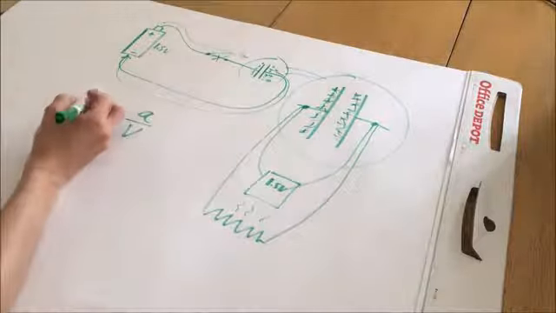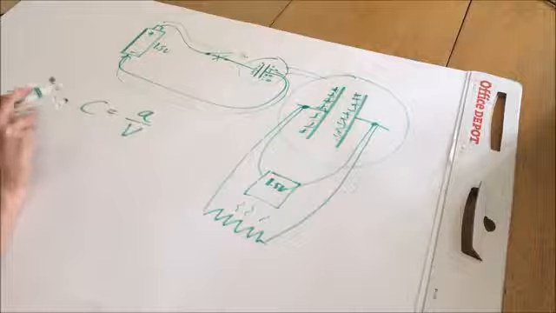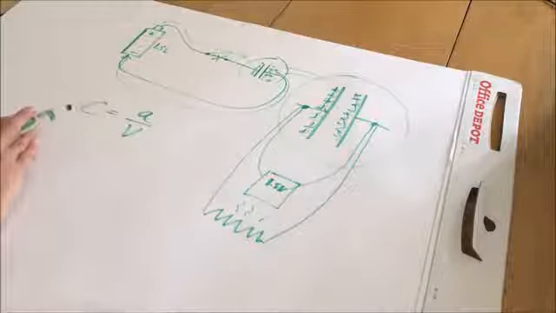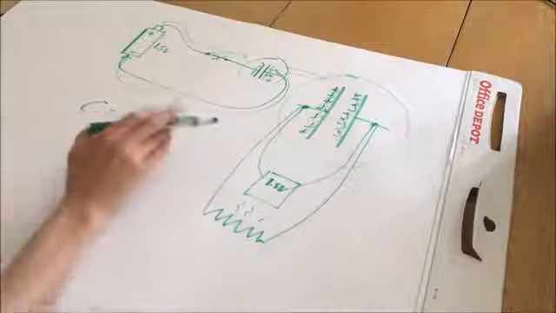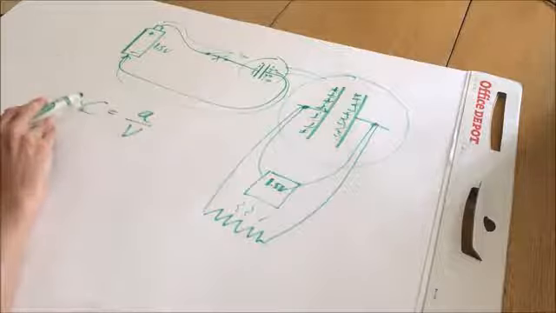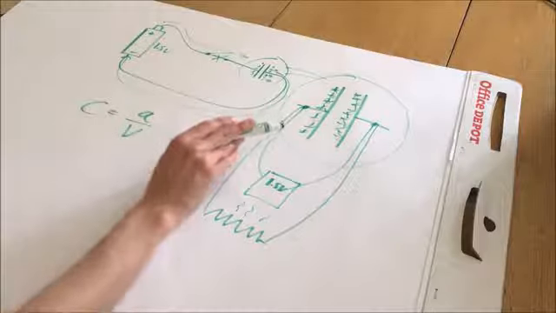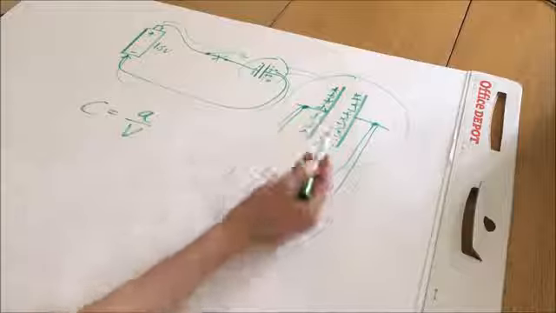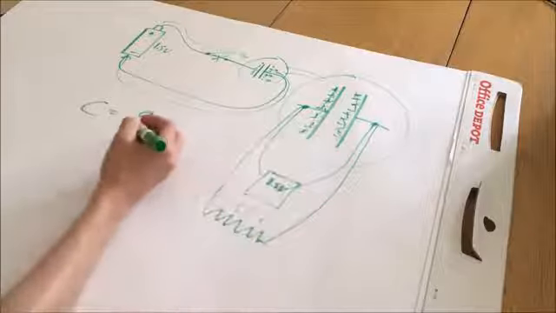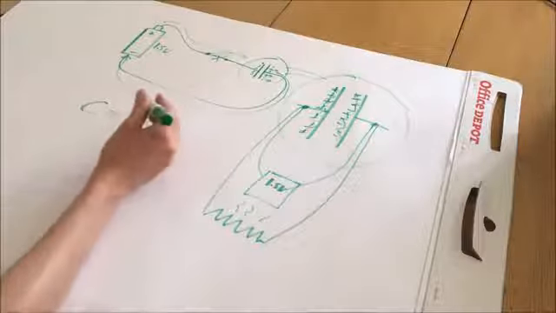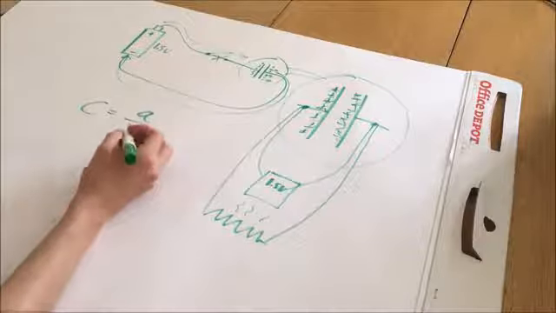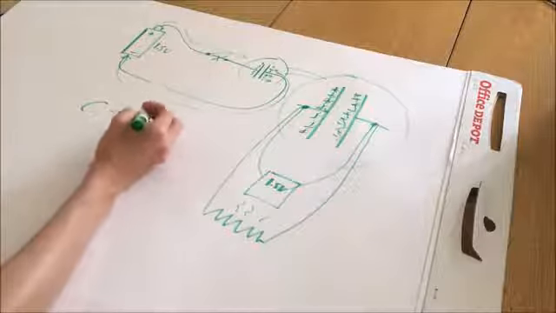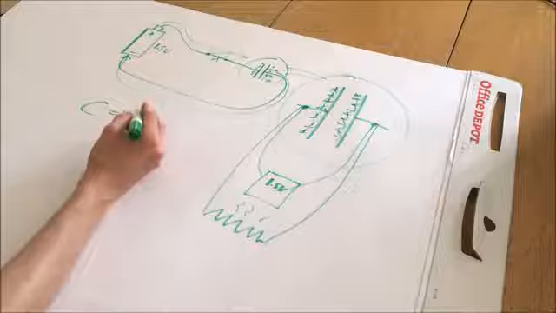The C is the capacitance rating of the capacitor, which will be measured in farads, or more commonly in microfarads. So the capacitance of this capacitor represents essentially how much voltage it takes to fill the capacitor up with a certain amount of charge. Increasing the voltage will also subsequently increase the charge in the capacitor.